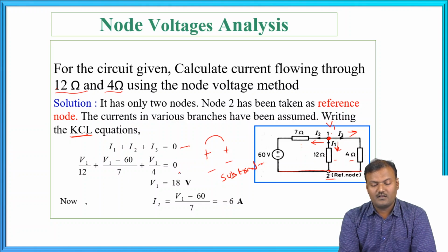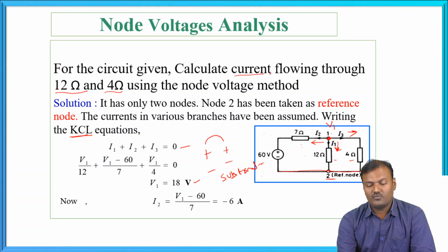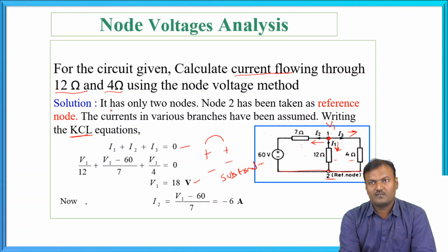By rearranging all these equations, V1 is obtained as 18 volts. We need to calculate the current flowing through these two elements, that is 12 ohms and then 4 ohms.